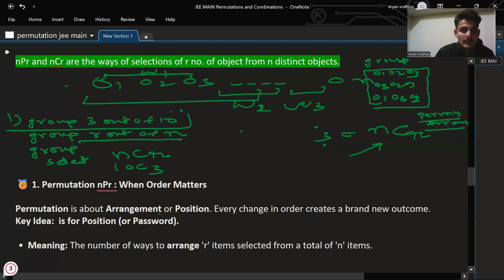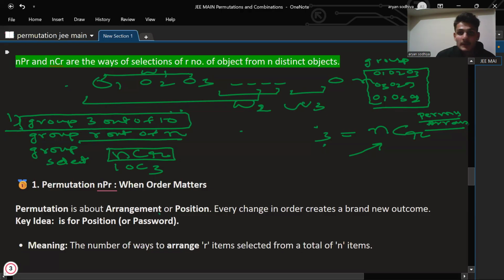Now one question will come to your mind: what is nCr? We will learn the formula of nCr, but first try to understand the difference between nCr and nPr, then we will move to the formula.